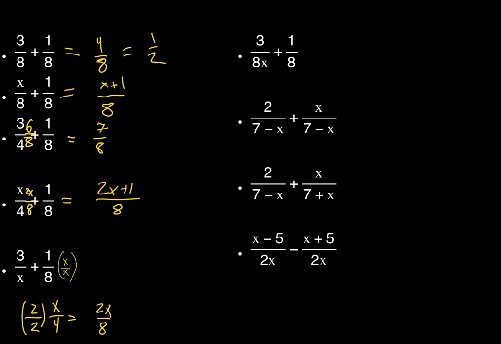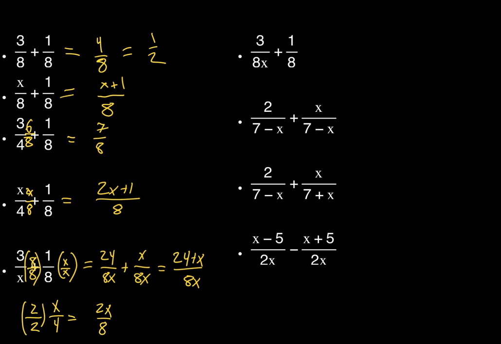So it then becomes x over 8x. This first one I'm going to multiply by 1 as 8 over 8. So intermediate step, 24 over 8x plus x over 8x will be 24 plus x over 8x.